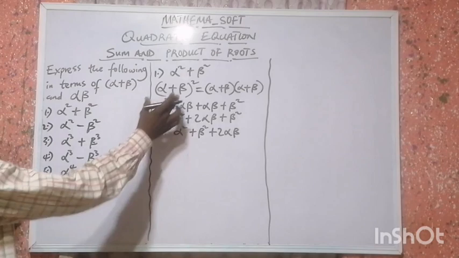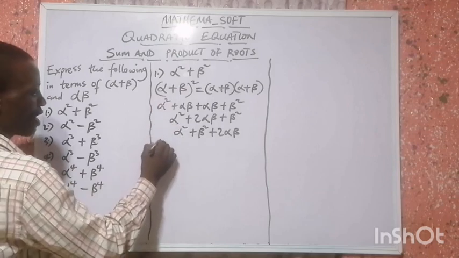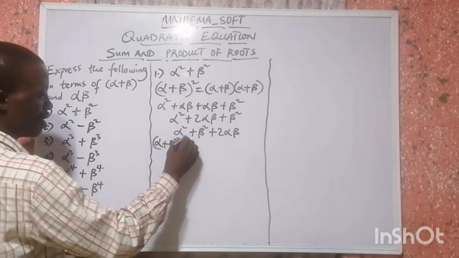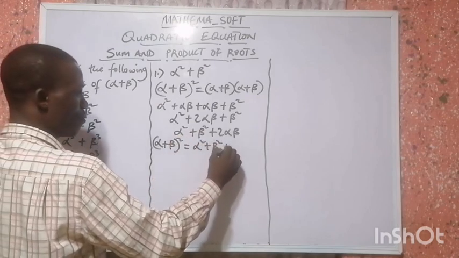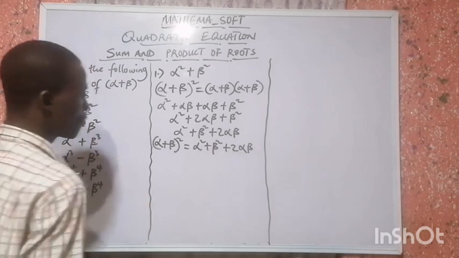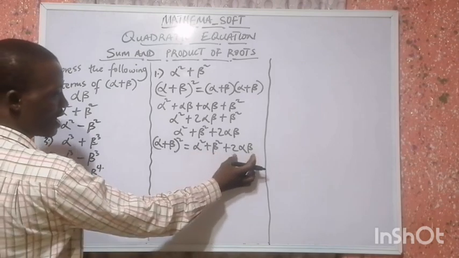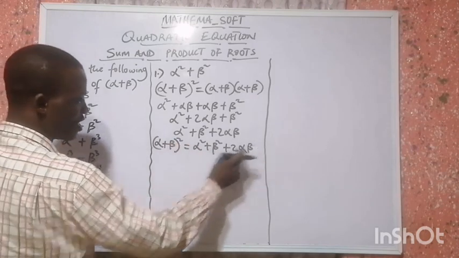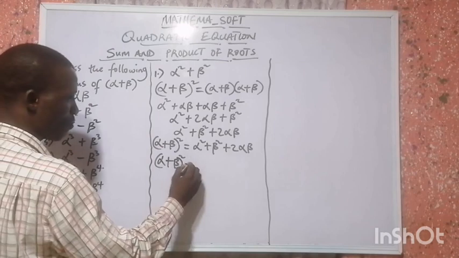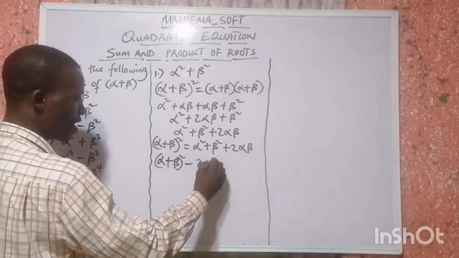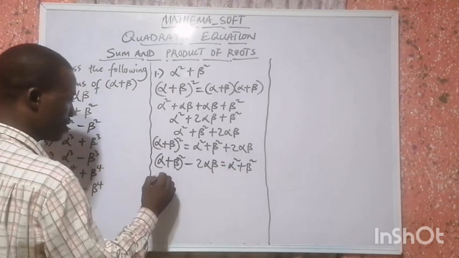So in other words, this has been expanded to be this. Let's write it together: alpha plus beta squared equals alpha squared plus beta squared plus 2 alpha beta. This is what I want to get. So I can retain this and transfer this term by subtracting it from both sides. We have alpha plus beta squared minus 2 alpha beta equals alpha squared plus beta squared.